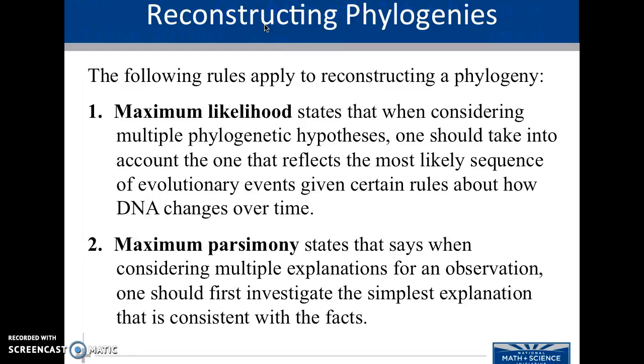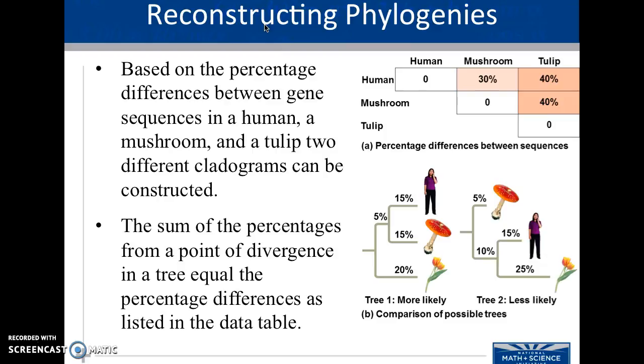The other is maximum parsimony, which states that when considering multiple explanations for an observation, one should investigate the simplest explanation that is consistent with the facts. And so we should always first assume that the simplest phylogeny or relationships is the most accurate.